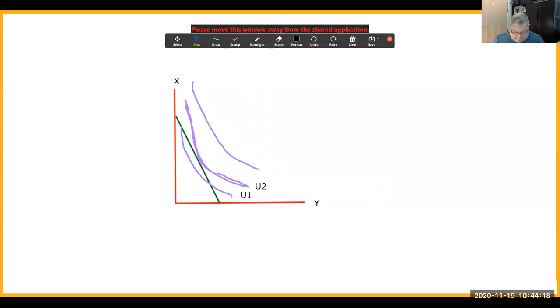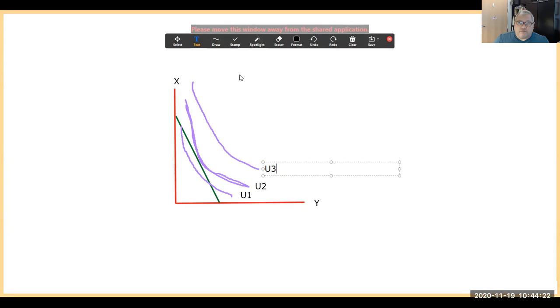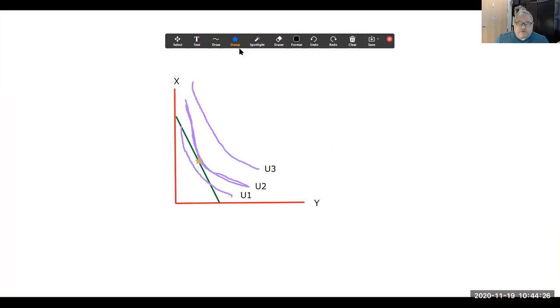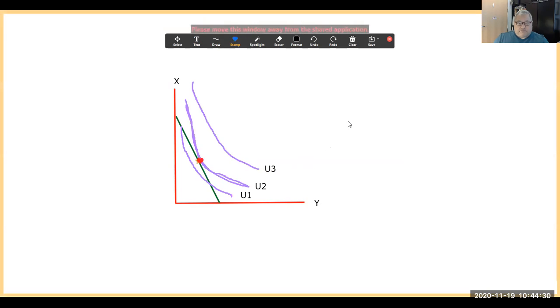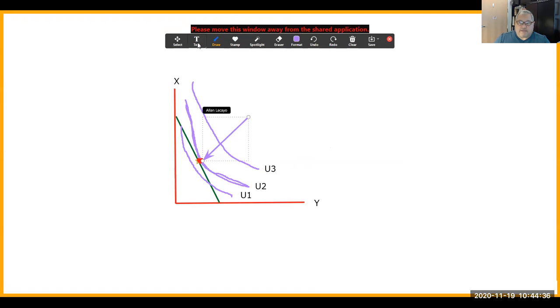The special indifference curve being U2, because U2 touches this green line at one and only one location, which is where the star and the heart are. And that's called the point of utility maximization. Why is that the point of utility maximization?